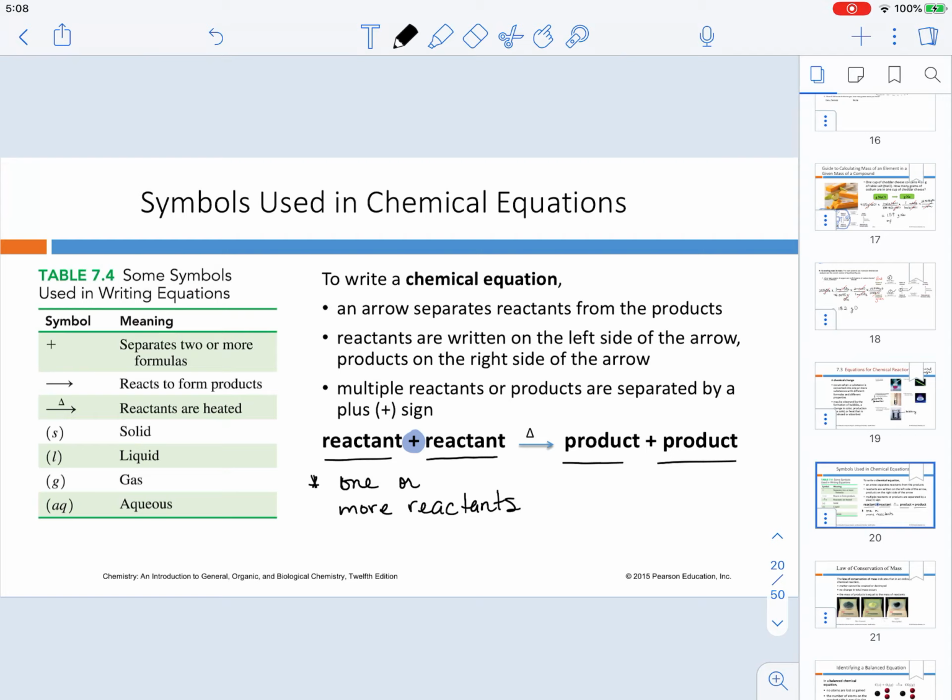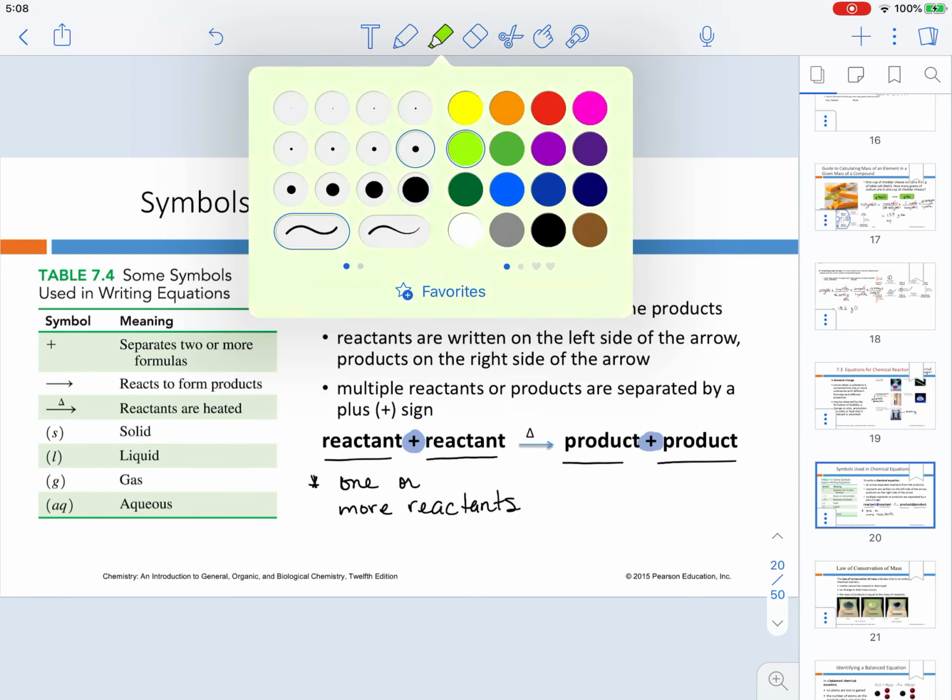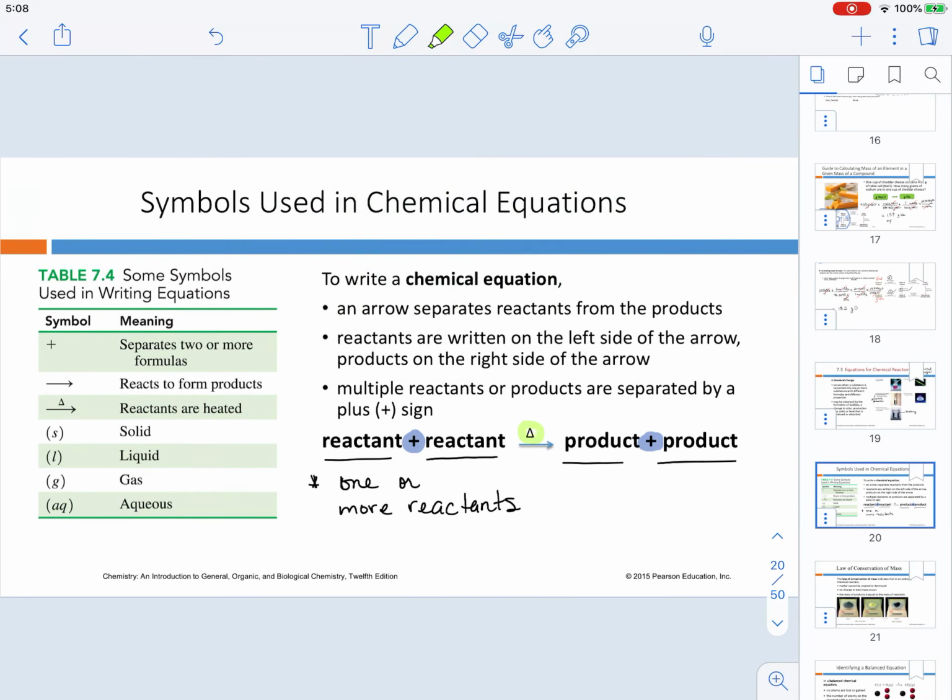Similar to the reactants, if you have more than one product, then understand that they're going to be separated by a plus sign. Now, the arrow just indicates the conversion from reactant to product. Understand that if a triangle is utilized, that means that the reactants are heated.